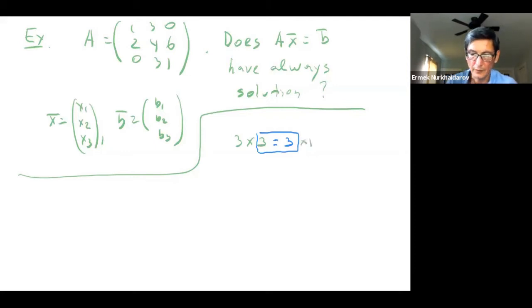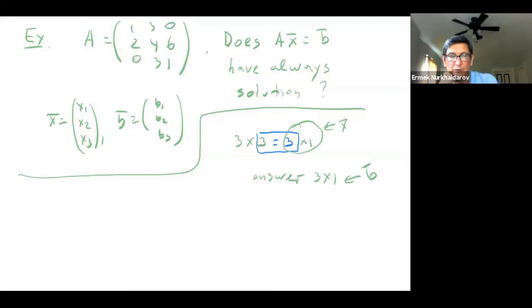So that's why 1, which means the answer will have dimension 3 by 1. So the answer will be your B, and this guy we multiply by is going to be X. So the dimension of vector X is 3 rows, 1 column, and the answer, vector B, is 3 by 1.